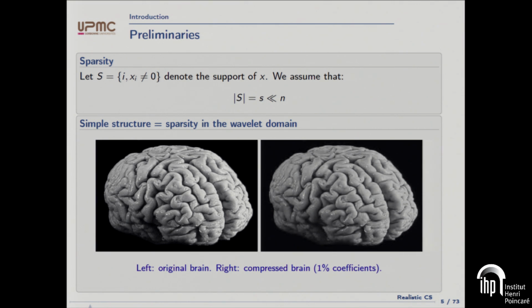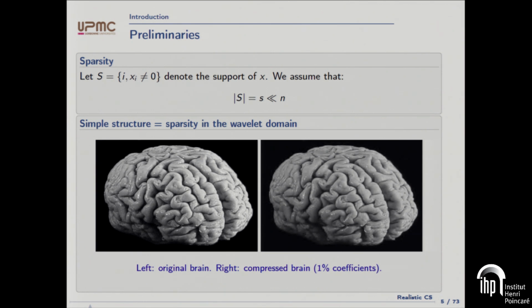In practice, you already know that most natural images and even brain images are actually compressible in the wavelet domain, meaning that if you just throw away 99% of the coefficients in the wavelet domain of this image, you end up with this one, and you have preserved all the information.